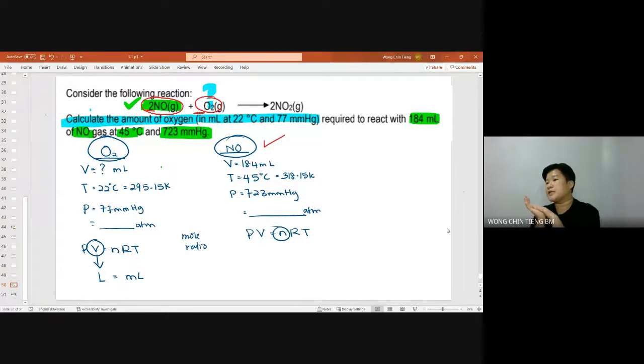Dan bila dia adalah aras tinggi, dia akan melibatkan application. Nanti dia akan melibatkan daily life, dia mungkin akan melibatkan contoh-contoh yang dia tak bagi direct dalam bentuk kimia. Okay? Dan like this pun adalah aras tinggi yang di mana dia tak melibatkan one time calculation. So this will be the type of question that you come across. Okay?